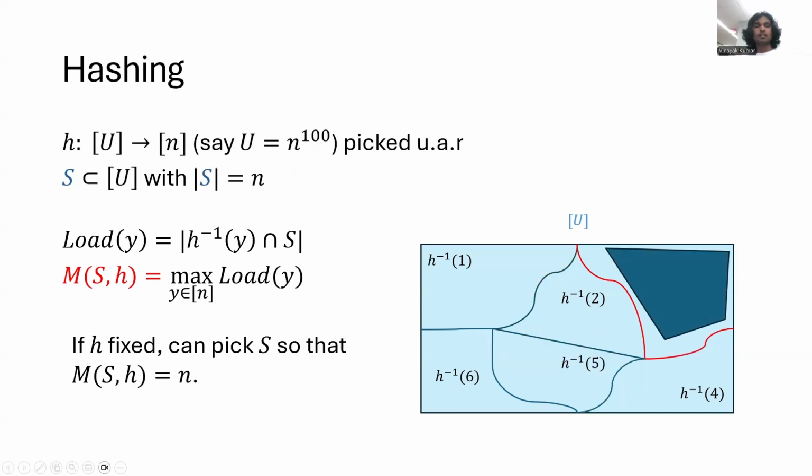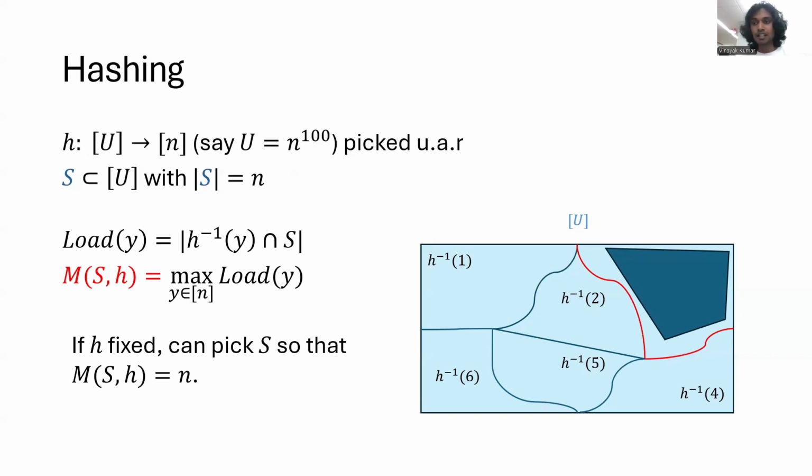One thing I want to say is that H must be random. If H was one fixed function, then we can argue by an averaging argument that if I partition n to the 100 elements into n parts, there must be one part with at least n to the 99 universe elements.